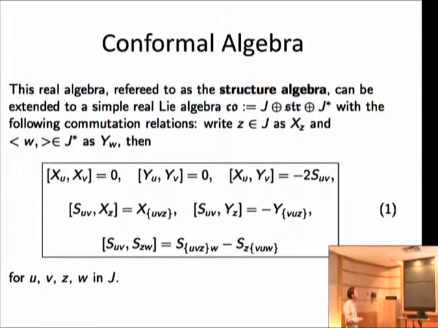In the Minkowski spacetime case, the structure group is the Lorentz Lie algebra plus the dilation scaling, J is like translation, and J star is like a special conformal transformation. So altogether, this is a conformal Lie algebra.